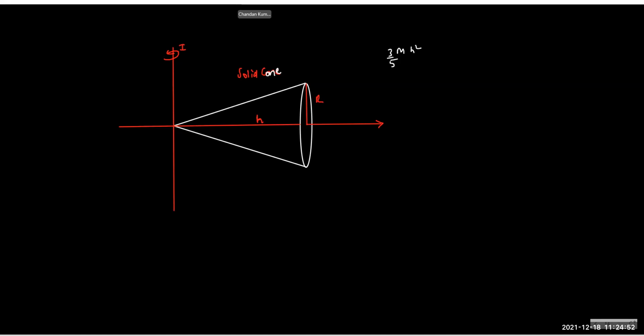So if you cut a disc, if you take a small piece of it, what you get is a disc. That's dx. And again, you have to do the same thing for the disc. It's the disc basically.